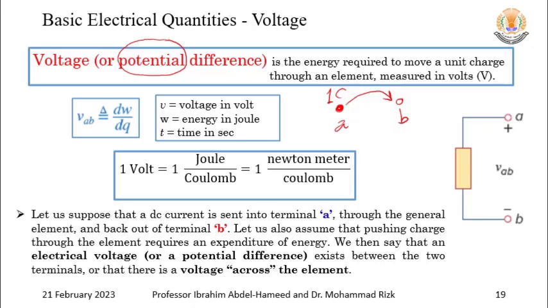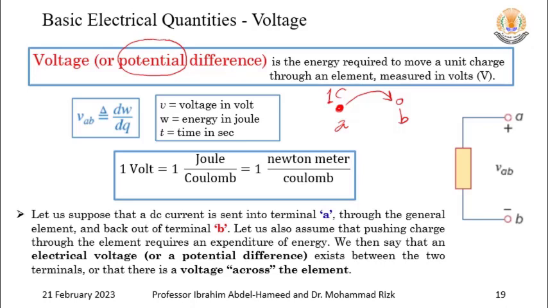So what is VAB? VAB is delta W over delta Q, or dW over dQ. Clear? Work done per unit charge. So if you would like to have 1 volt potential difference, you should have 1 joule divided by 1 coulomb. Clear? Is it clear?